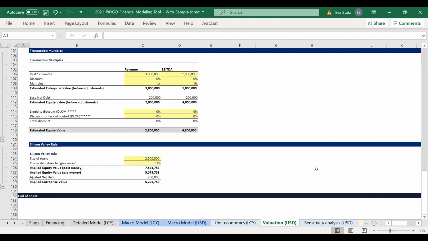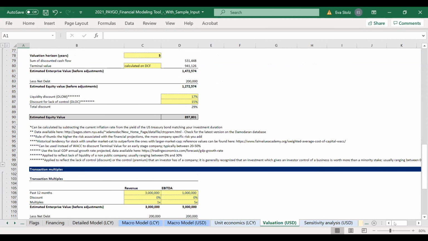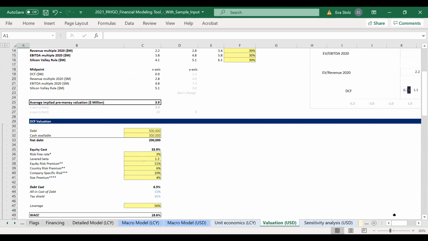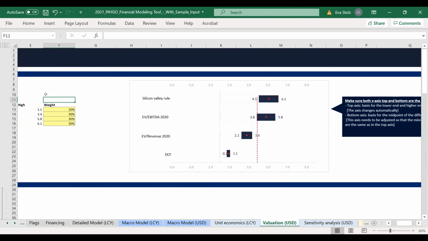And then what this sheet does as well is that once you provided all the inputs below, it shows the range of values obtained with each method in the so-called football field chart. And then what you can do is you can assign certain weights here. So for example, if it's a very early stage company, the weight assigned to the discounted cash flow would be minimal.